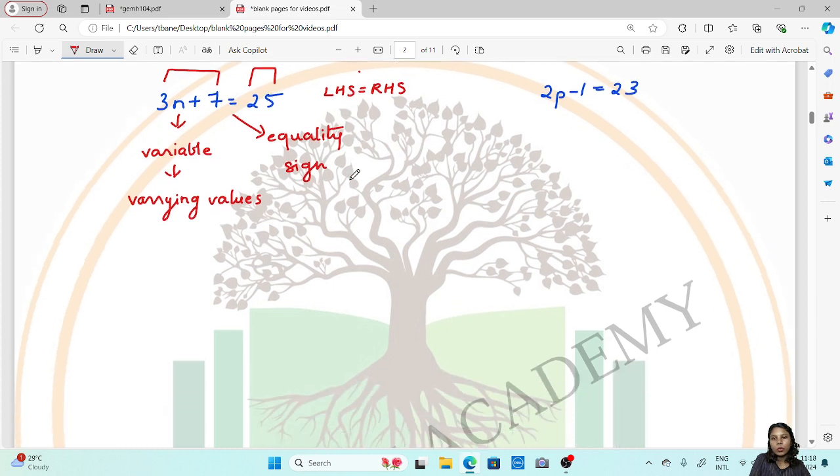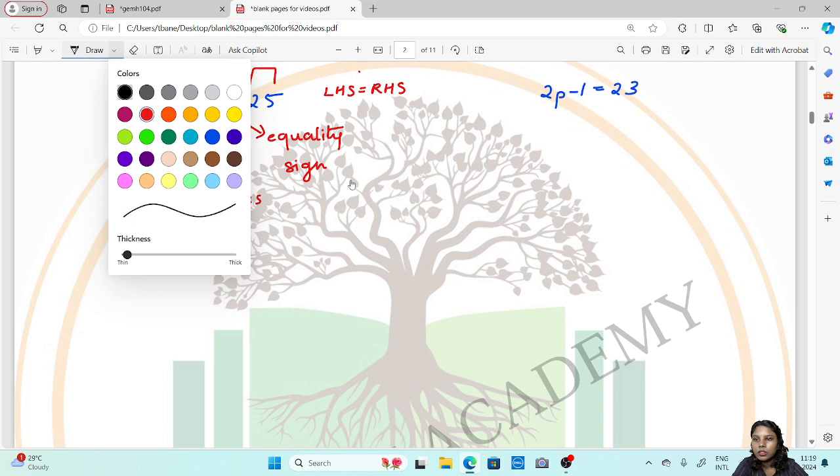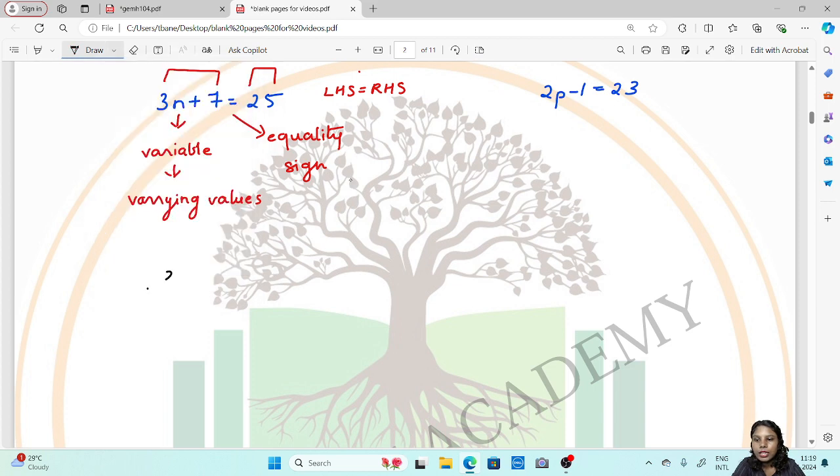Now let's go ahead and try to solve it. We have 3n plus 7 equals 25. Here, 3n has a variable and this is just a constant, so we can't do any operation on these two together. But we can do an operation on this plus 7 and this 25.